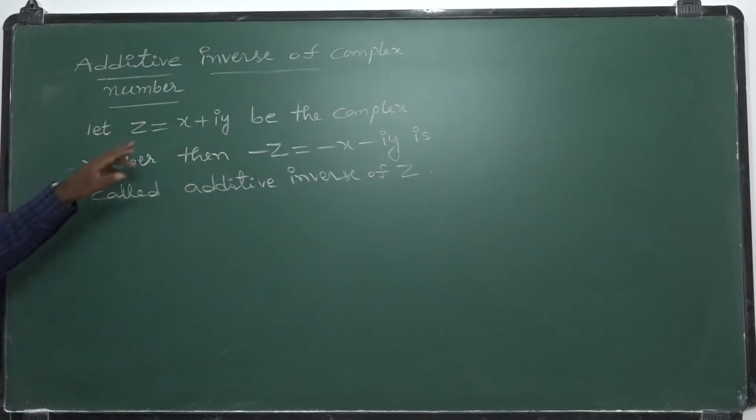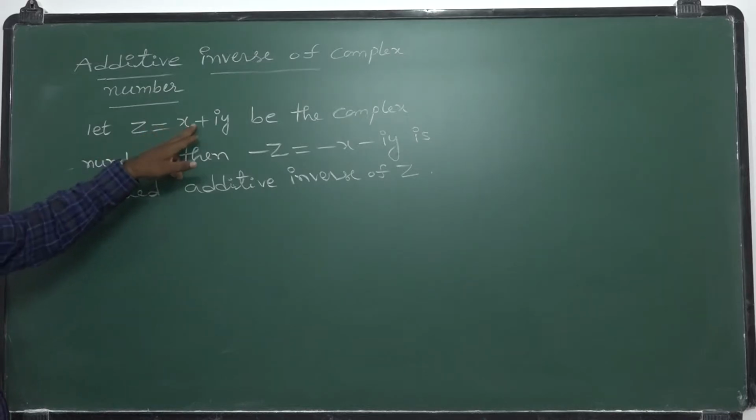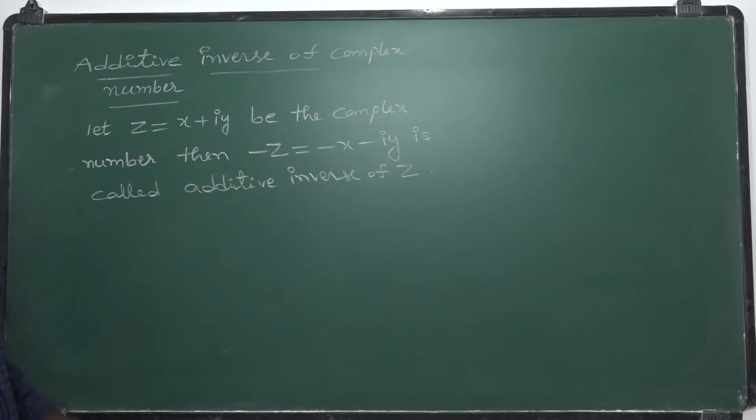If z equal to x plus iy is a complex number, then minus z is called additive inverse of z.